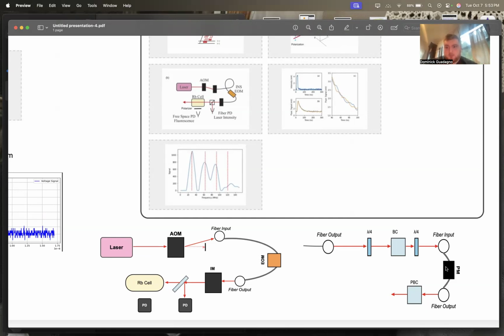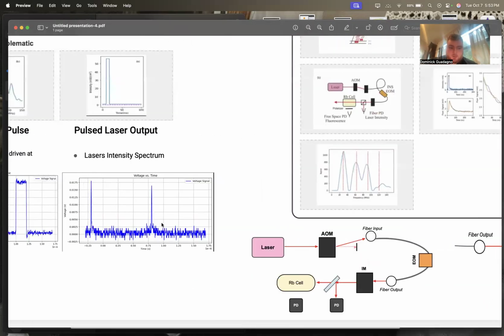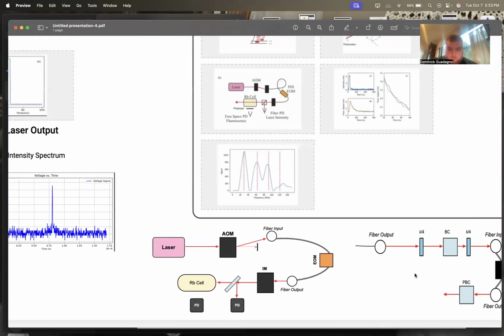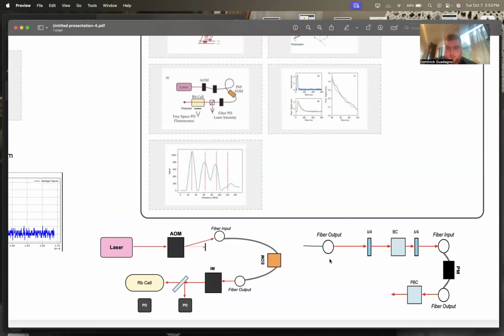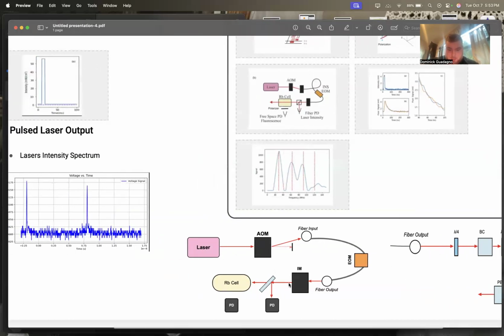You'll get both a narrower pulse and, not total extinction because I don't think that's possible, but very close to total extinction in this light here. So we're hoping for a pulse of 10 nanoseconds or less, and hopefully that'll be possible with this setup.